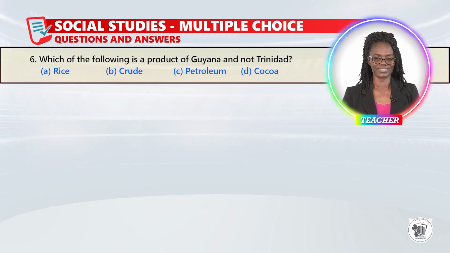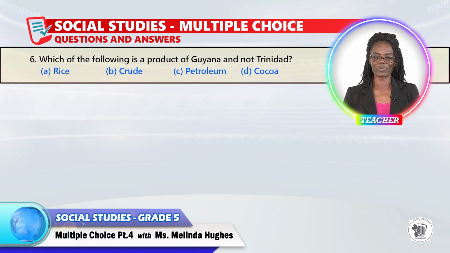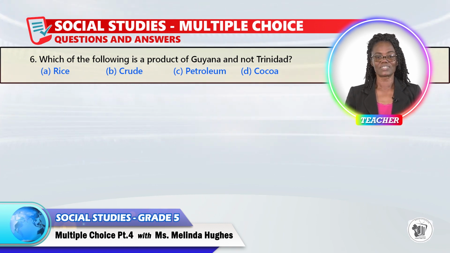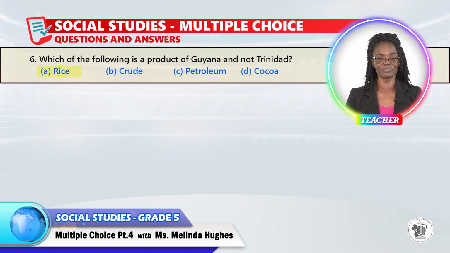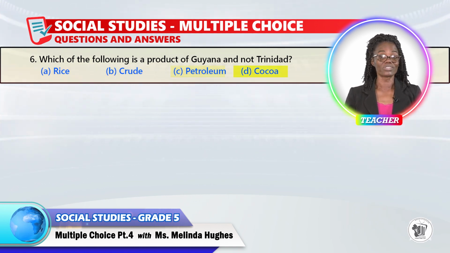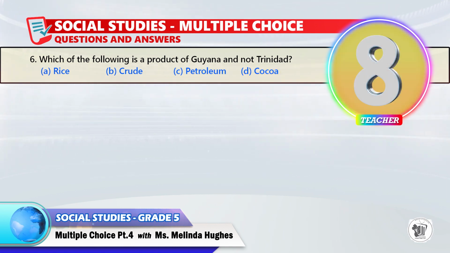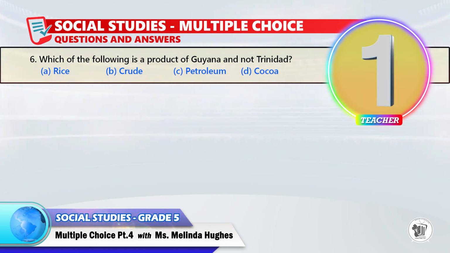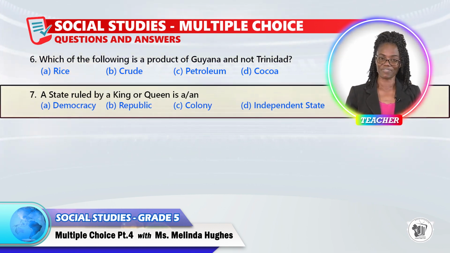So question 6. Which of the following is a product of Guyana and not Trinidad? A, B, C, or D? Question 7.